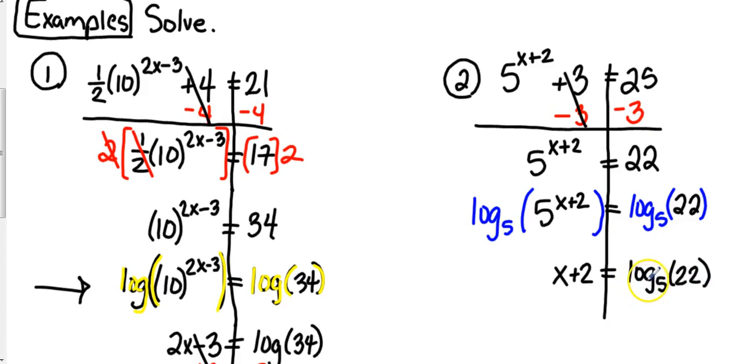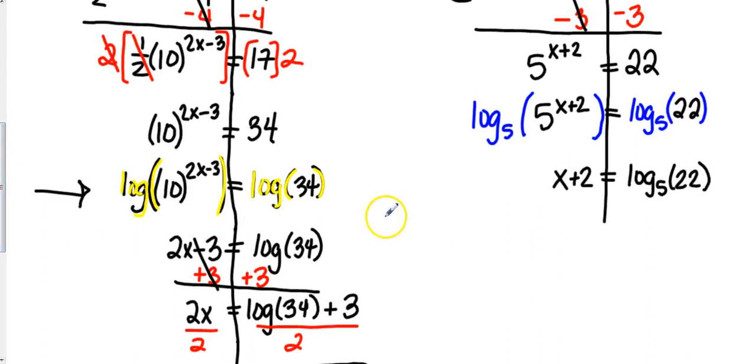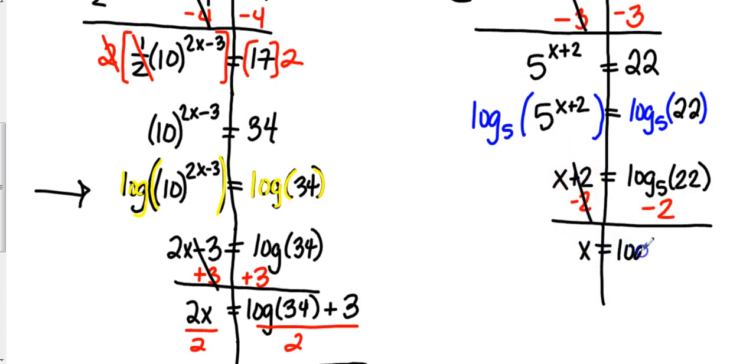But for neatness and accuracy, we will let it just stay log base 5 of 22 for right now. To finish solving for x, we will simply subtract 2 from both sides. We get x equals log base 5 of 22 minus 2. So that's my exact answer.